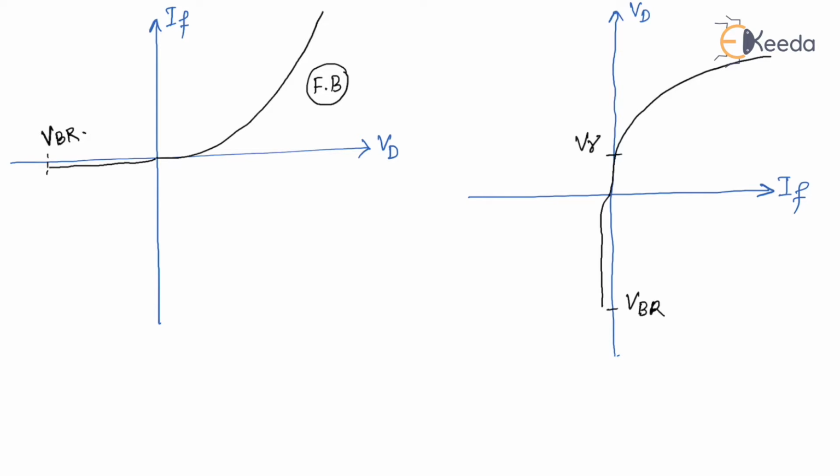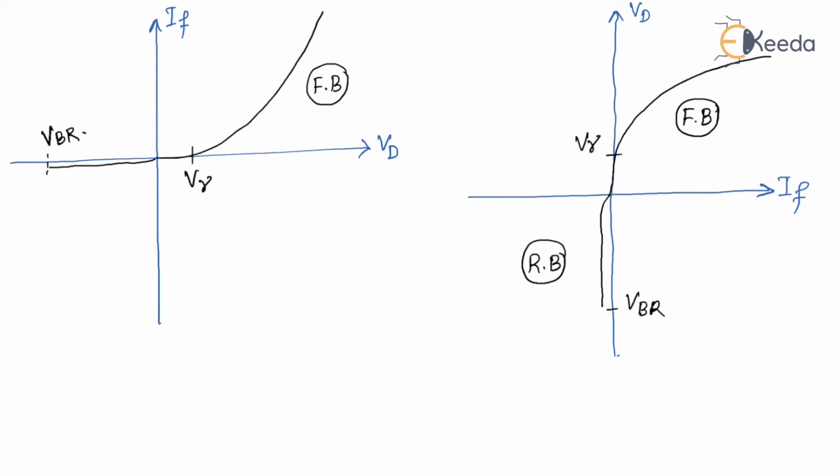and for the reverse bias it will look like this, where this is the VBR. That means this is the reverse bias operation of the diode and this is the forward bias operation of the diode. Similarly, in this graph, this is the cut-in voltage of the diode.